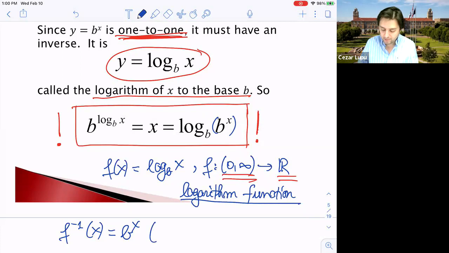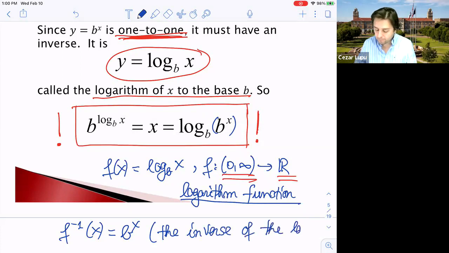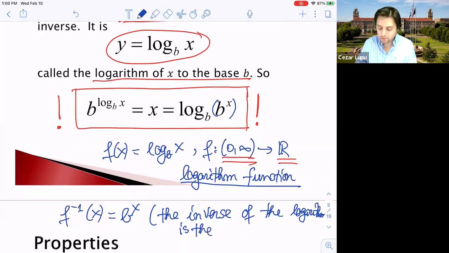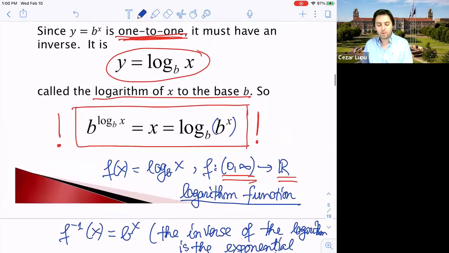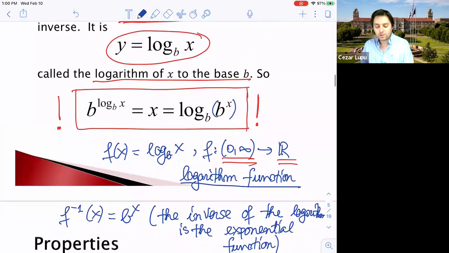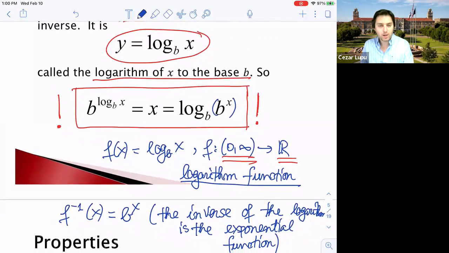So the inverse of the logarithm is the exponential function, as we have said. And also the other way around, the inverse of the exponential function will be the logarithm function. So that's what you need to know, this function, log base b of x if you want.